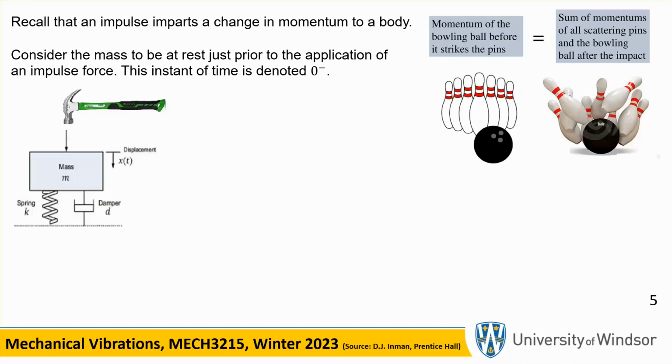Now, notice that when you look at the hammer and the block, the velocity of the block before the hammer hit it, which we call 0 minus, is 0, and the position of it, we're assuming this is equilibrium, so this is both 0.